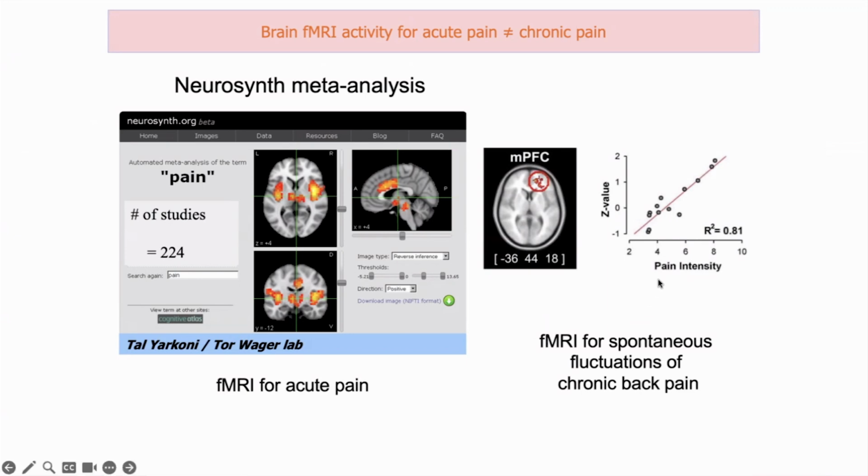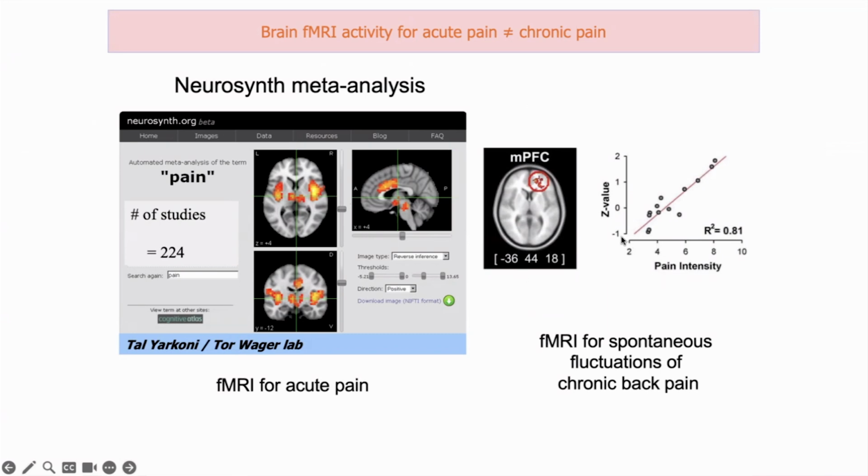In contrast, when we actually look at brain activity in the absence of a stimulus, when subjects simply rate how much their back is hurting, and we map that into the brain, we identify medial prefrontal cortex activity. This is an area of the brain which would be residing around here, which is not in the acute pain. So it's a unique area of the brain.